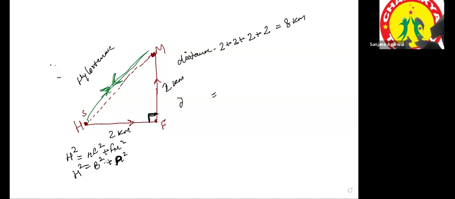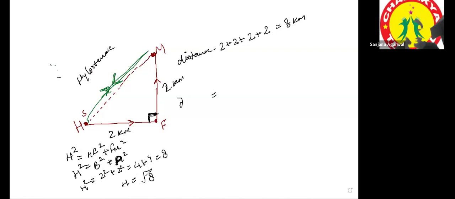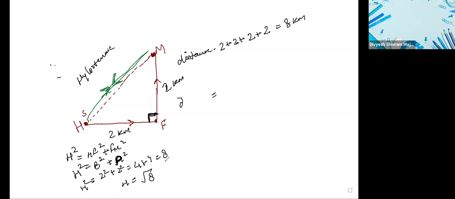These are all distances. So I can calculate the distance of the hypotenuse: base square is 2 square, P square is also 2 square. How much is it? 4 plus 4, 8. Now if H square is 8, H should be equal to root over 8. Do you know what a square root is? Yes, ma'am. Okay.